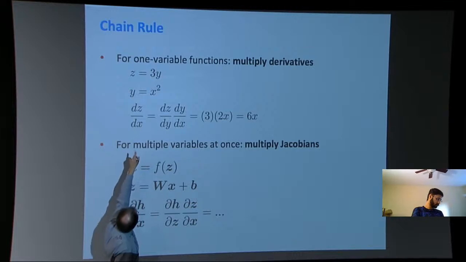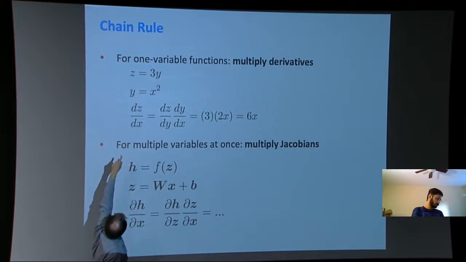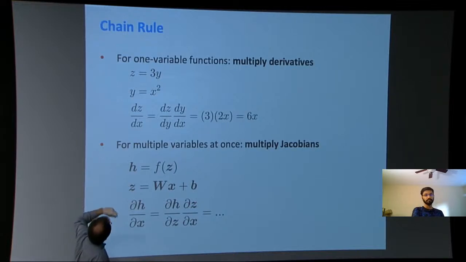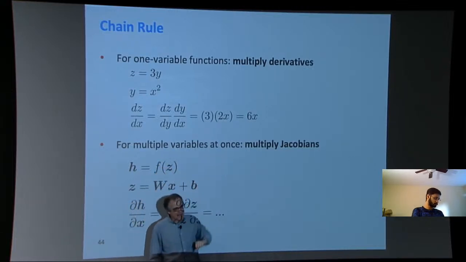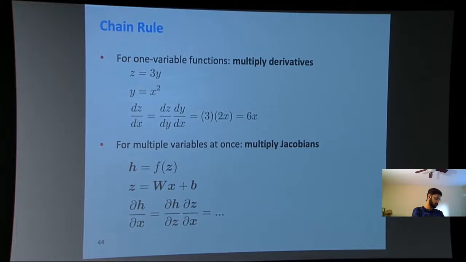Wait, sorry, I said that wrong. dz dy is just 3. That's the derivative of the top line, and then dy dx is 2x, and I multiply those together, and I get the answer that the derivative of z with respect to x is 6x.